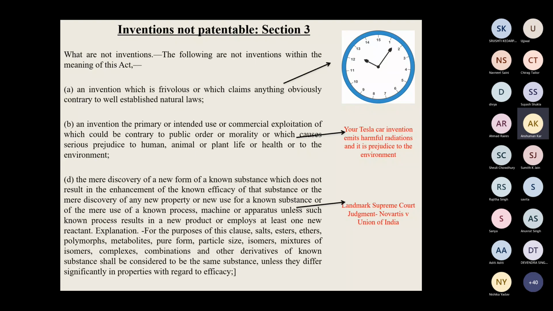Now there are certain inventions which are not patentable. Actually, Section 3 of the Patents Act deals with inventions which are not patentable, but I will just discuss a few main points with you. The first one is an invention which is frivolous or which claims anything obviously contrary to well-established natural laws. You can see this clock.